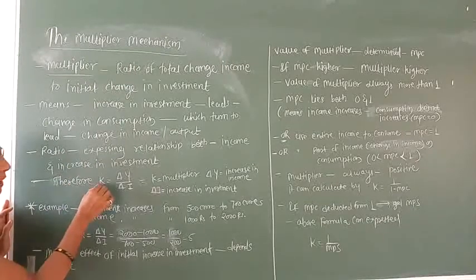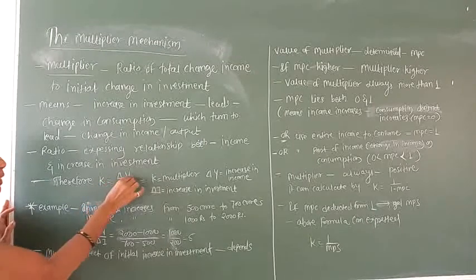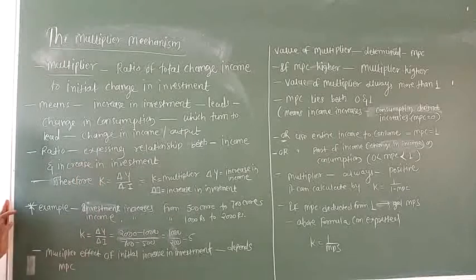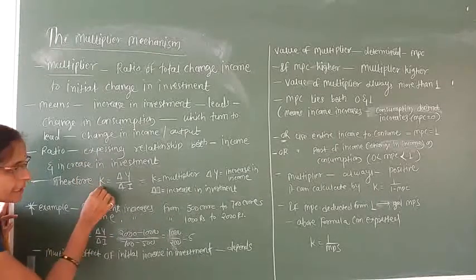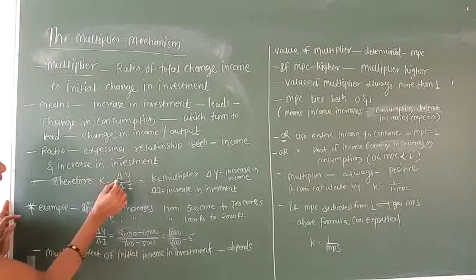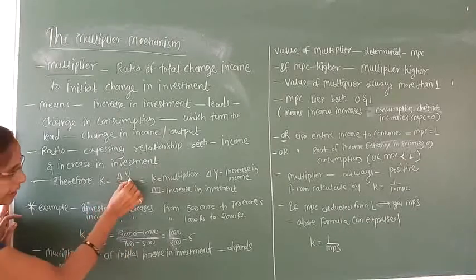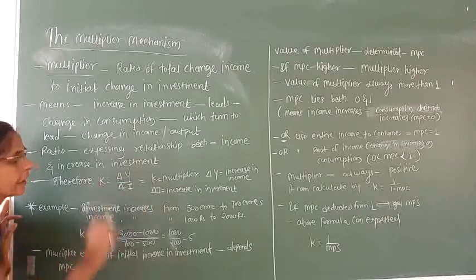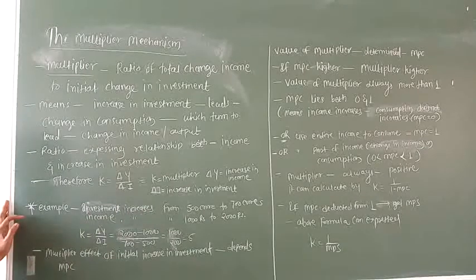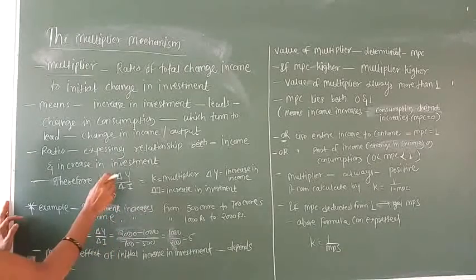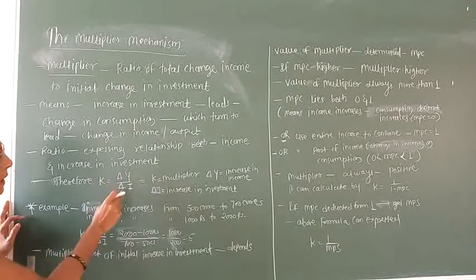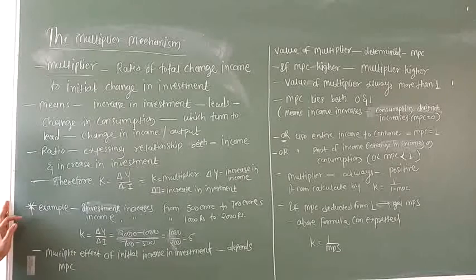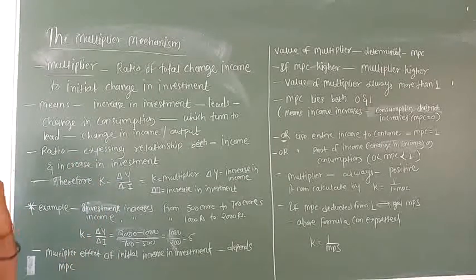Therefore, K is equal to delta Y divided by delta I. Here, K means the multiplier, delta Y means increase in income, and delta I means increase in investment. So the multiplier is equal to the change in income divided by the increase in investment.